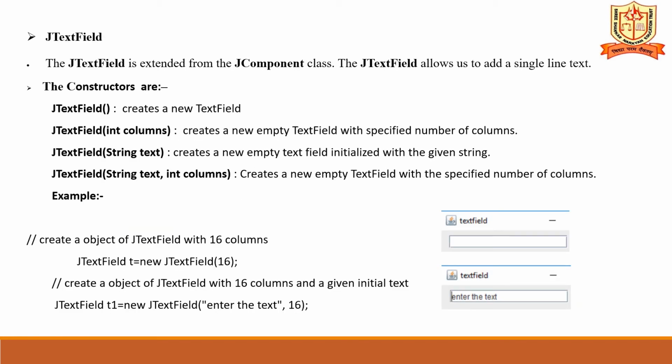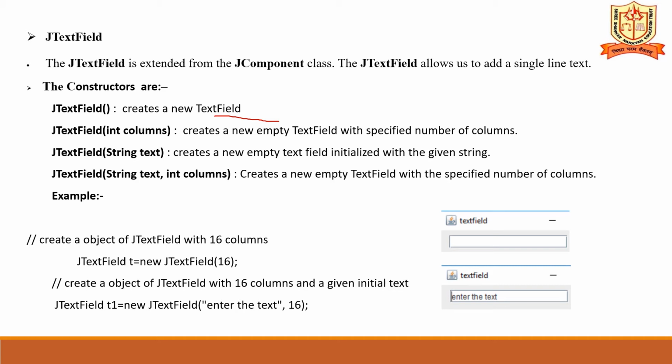The next swing component is JTextField. The JTextField is extended from the JComponent class. The JTextField allows us to add a single line of text. The constructors are: the first constructor creates a new text field, and the second constructor has a parameter of integer columns.